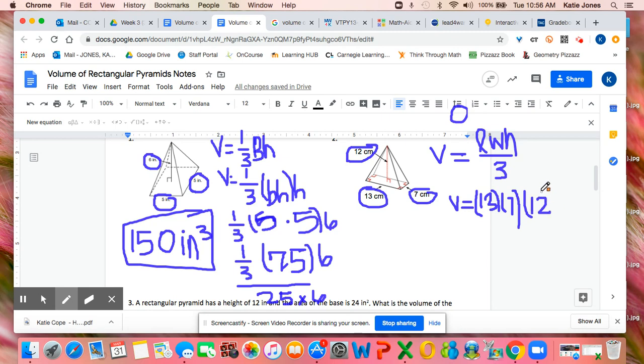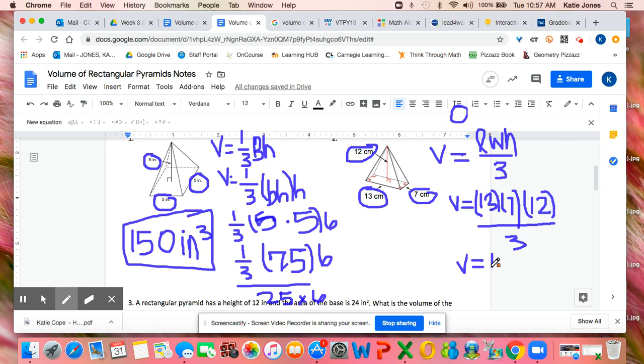And then we're going to multiply all three of those together and divide it by 3. All right, so then we're going to do 13 times 7, which is 91. And then we're going to do 91 times 12 to get 1,092.